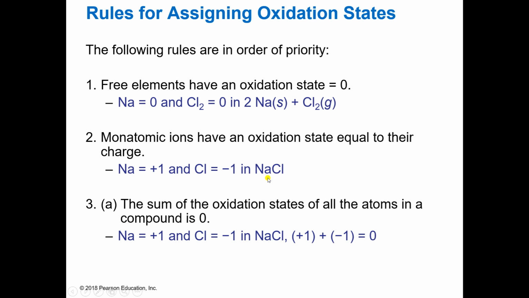This would be a +1 charge. The chlorine would be a chloride ion, giving it a -1 charge. So these would have an oxidation number of +1 and -1. The sum of all the oxidation state numbers must equal the overall charge on the compound. So if the charge is neutral, meaning has no charge, then the oxidation states must equal 0.